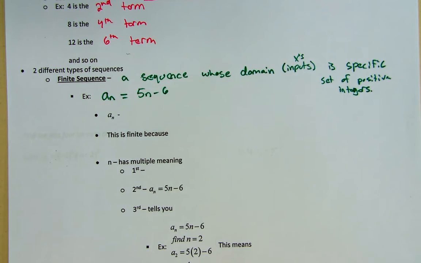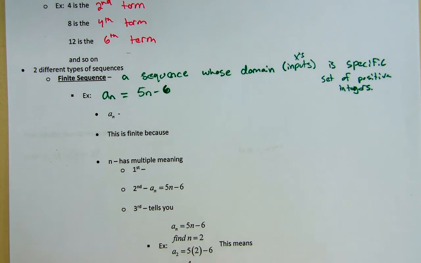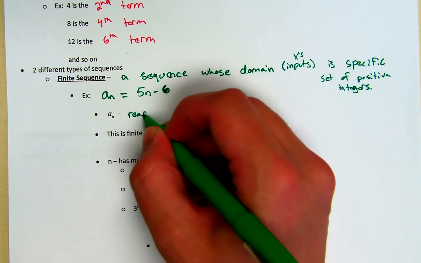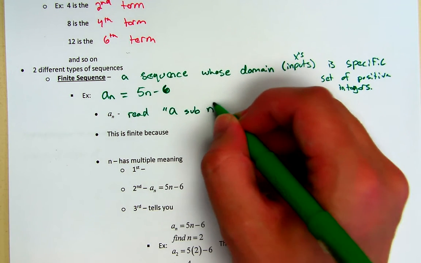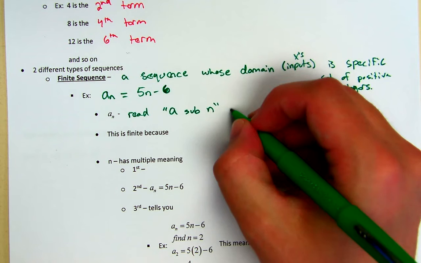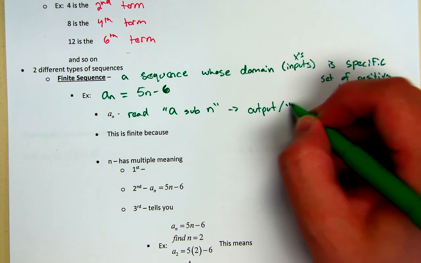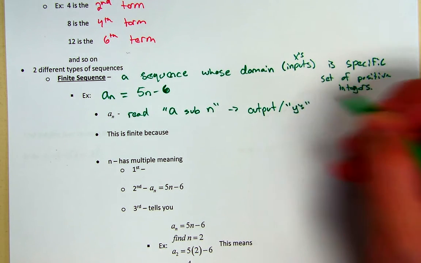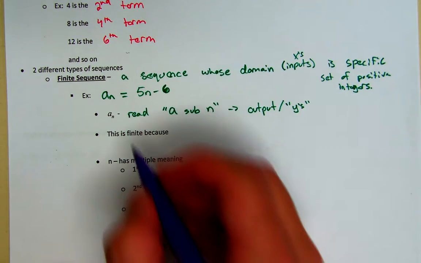Well, what is that a sub n that I just mentioned? A sub n is read a sub n, and that's an output value. Or we can consider that the y's. Well, why is this sequence finite?